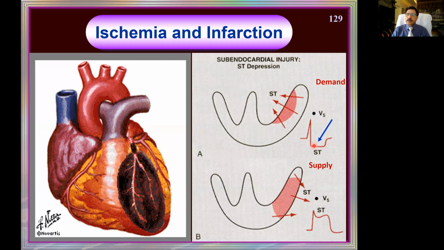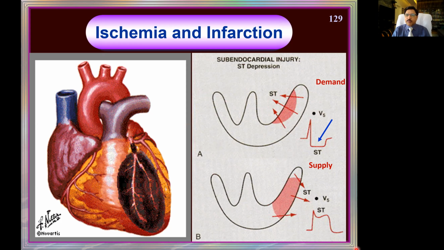Okay. This is called the fate line of the ECG. So when somebody takes an ECG and calls me up, I'll ask, what is the fate line like? That means I'm talking about the ST segment. If the fate line is on the baseline, then his fate is better. If the fate line is depressed, somewhat risky, if the fate line is elevated, of course it is through and through infarction.